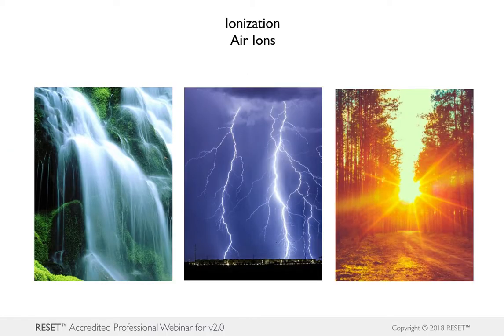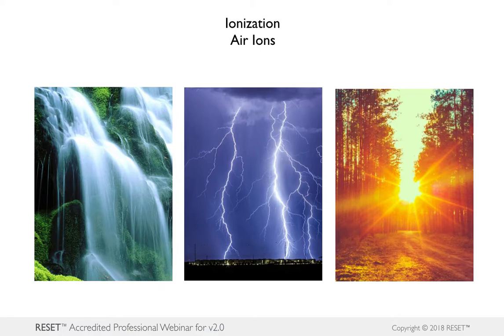So I'm going to jump across really, really quickly to ionization because it is, I suppose, a means of filtration, depending on how you think of the definition, but it's more a concept of a solution to indoor air quality. And certainly filtration, because naturally air is ionized. And this happens through positive and negatively charged ions as a part of just natural occurrences.